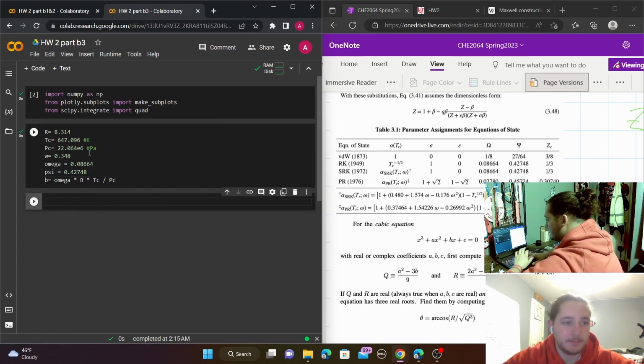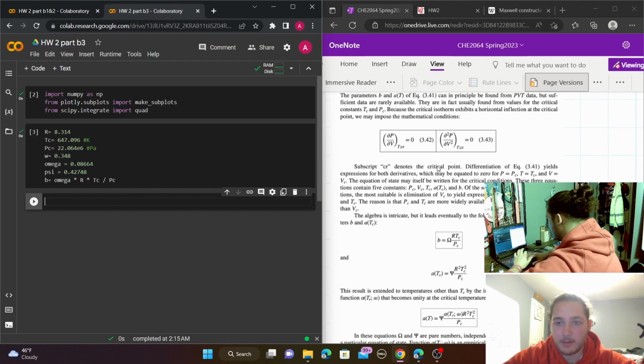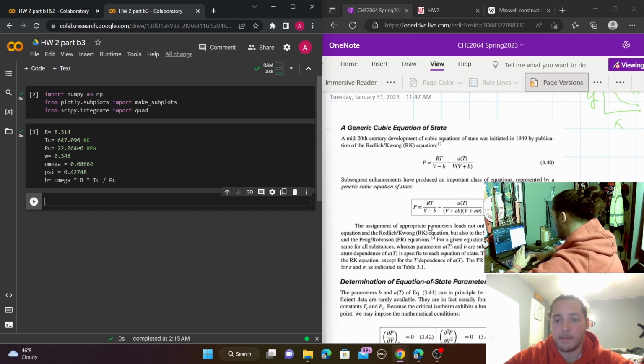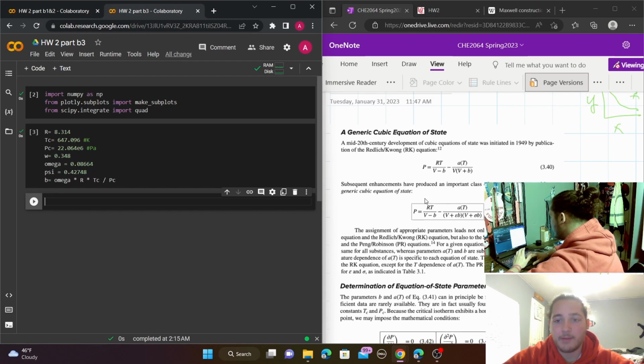So now, in our equation, we are going to define a function in order to solve our A, B, epsilon, and sigma values. And we need that in two different places.